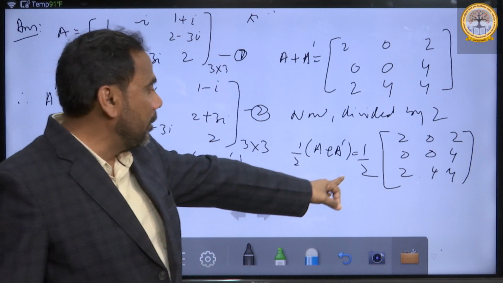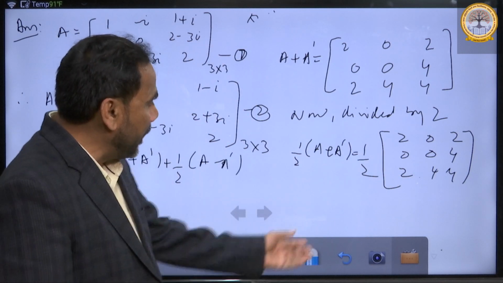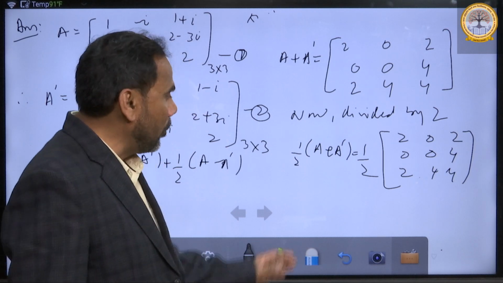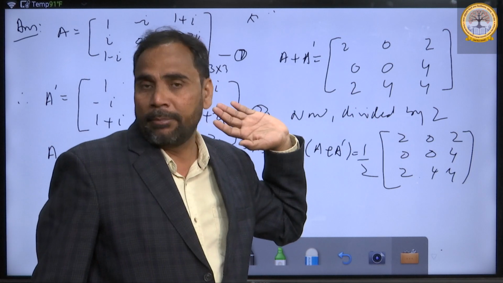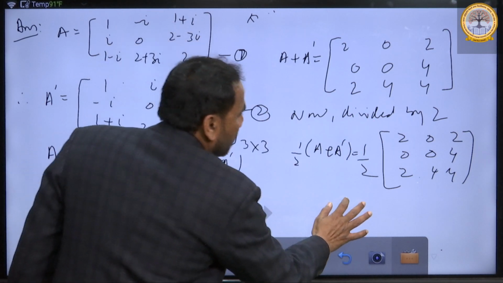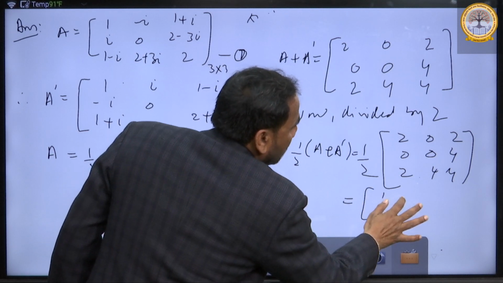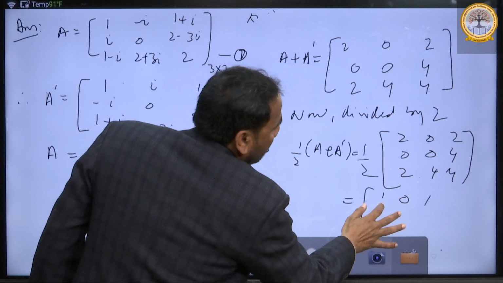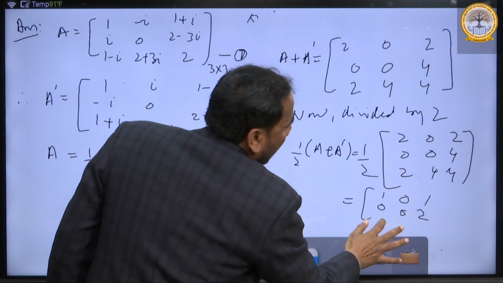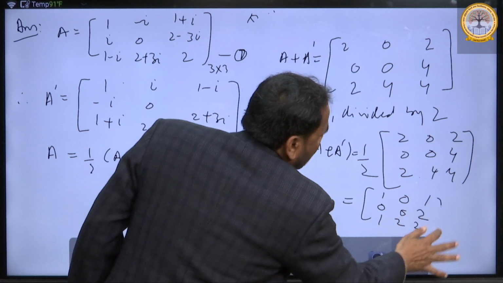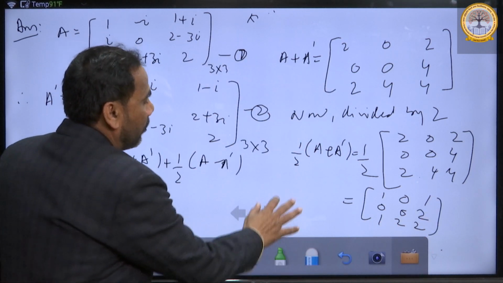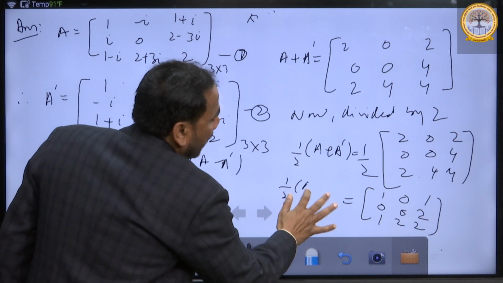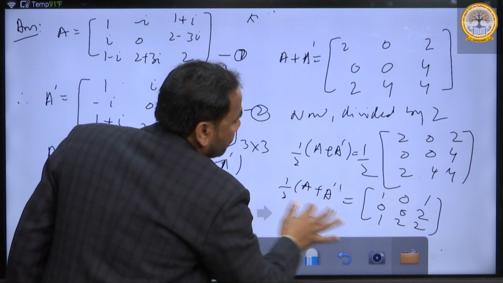Here 1/2 is a scalar quantity, so we divide all the elements of the matrix. So we have [[1, 0, 1], [0, 0, 2], [1, 2, 2]]. This is the matrix of 1/2 (A + A dash).